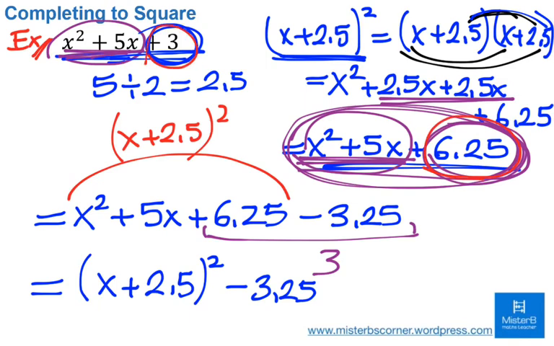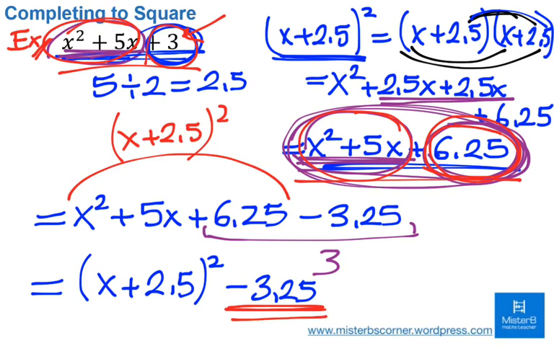So I have to take 3.25 away to make sure that I'm ending up with 3. I'm not changing this expression after all, right? So I find the perfect square whose first two terms are the same, and then I adjust the last term appropriately. That's what I do.